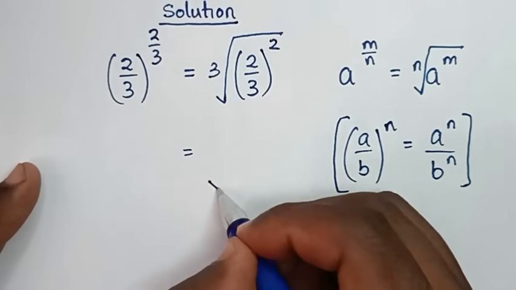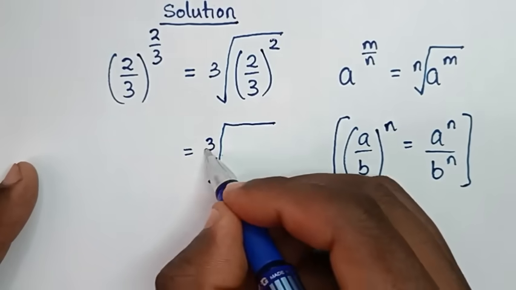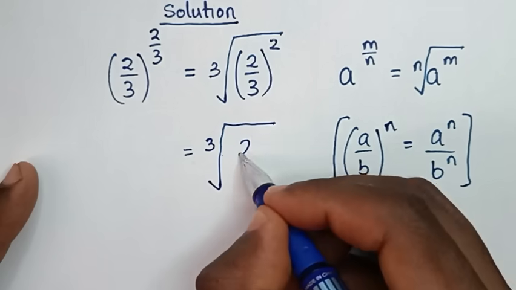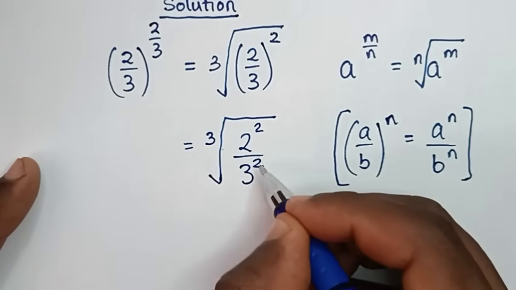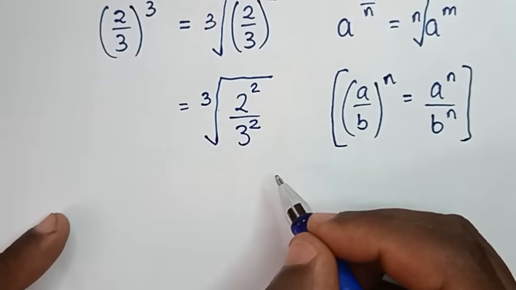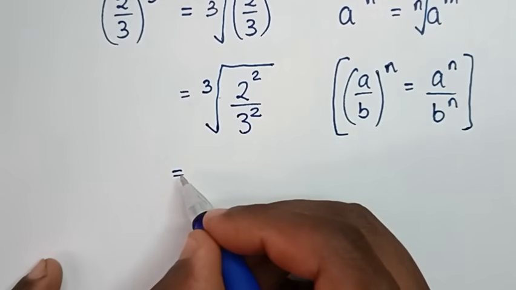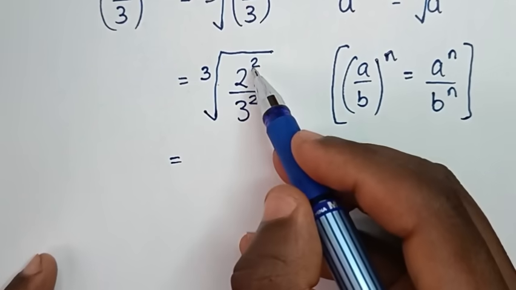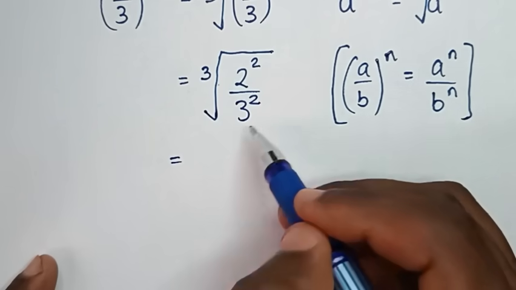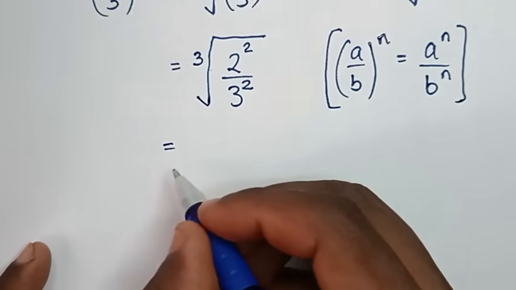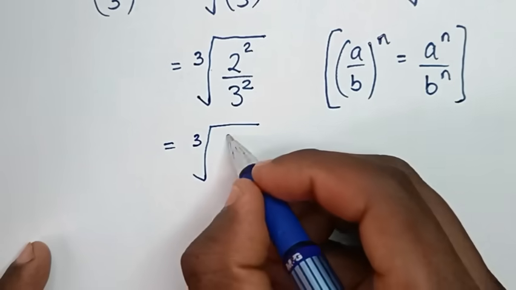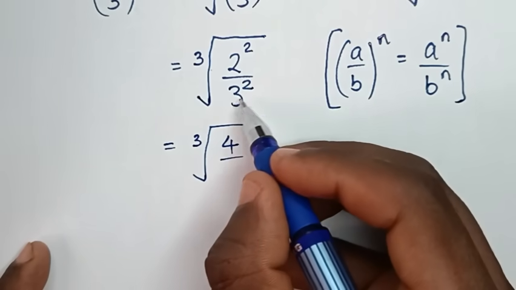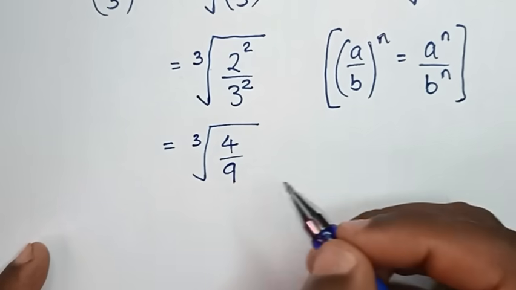So it will be the third root of 2 power of 2 over 3 power of 2. Then in the next step, it will be equal to the third root of 2 power of 2, which is 4, over 3 power of 2, which is 9.